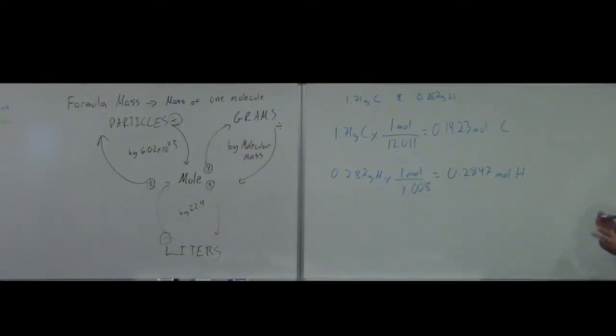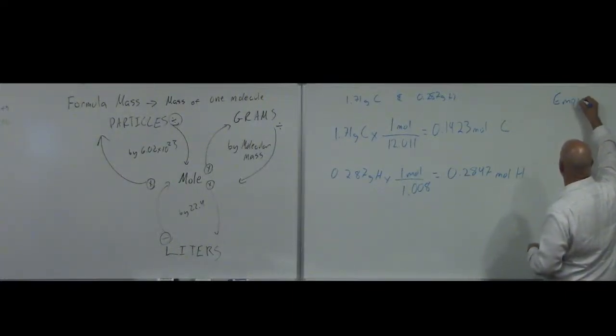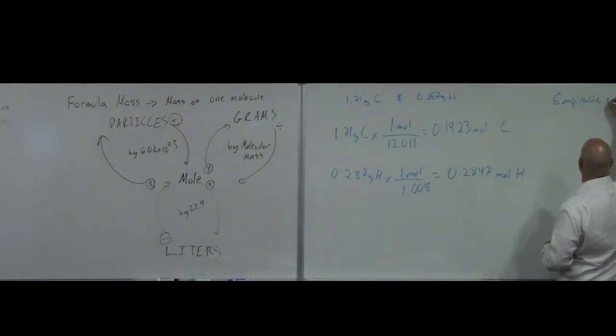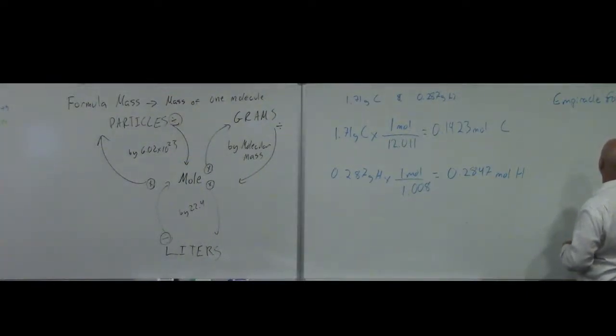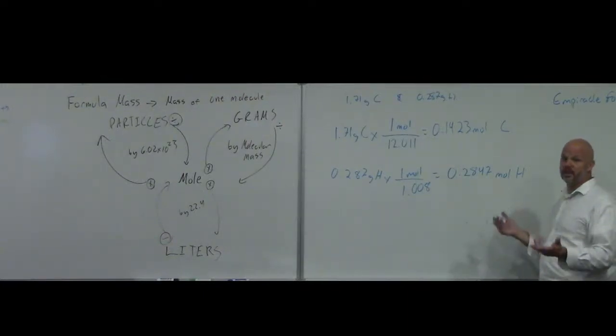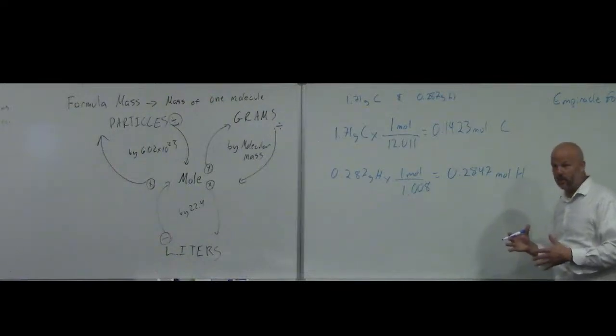Now I want an empirical formula out of this. There are a number of ways that I could go about this. Frankly, right now I can look at it and I can see it. You may not be able to just look at it and see it. One thing I could do is figure out the percentage of one to get a ratio, right?